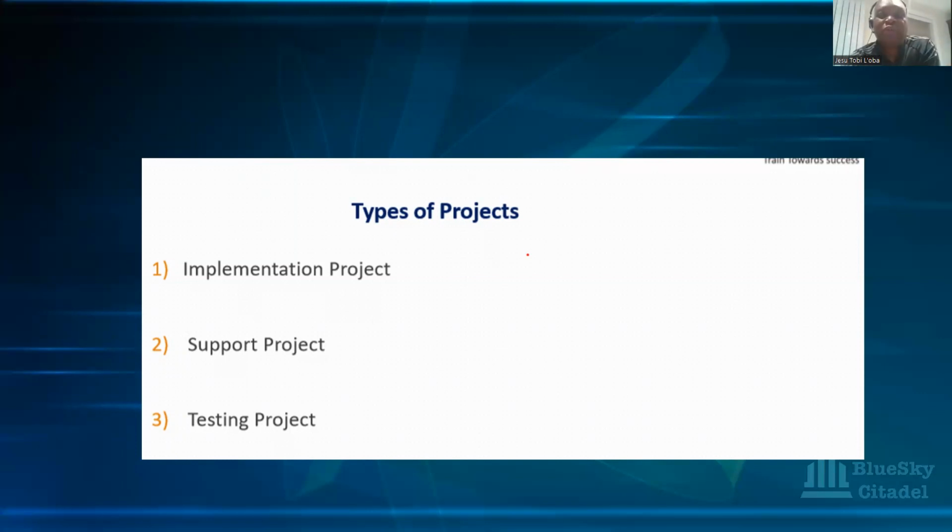So there are also support projects and testing projects. Like I mentioned earlier, when you go for a greenfield project, depending on phase 1 or phase 2 and the country, the implementation team can be in a project for almost 1.5 to 2 years. The testing team can be in a project for maybe 2 years.